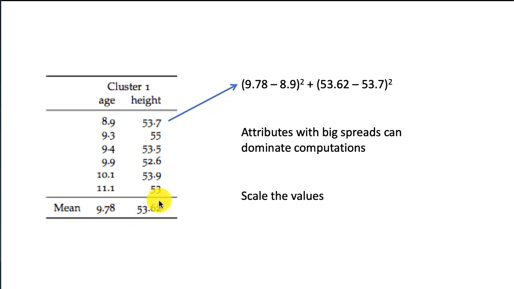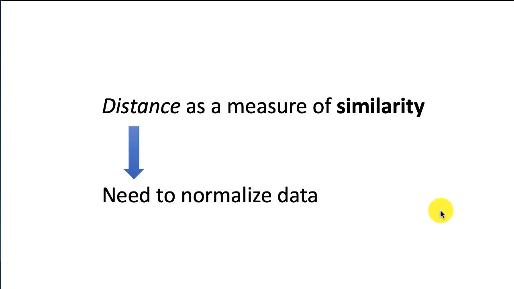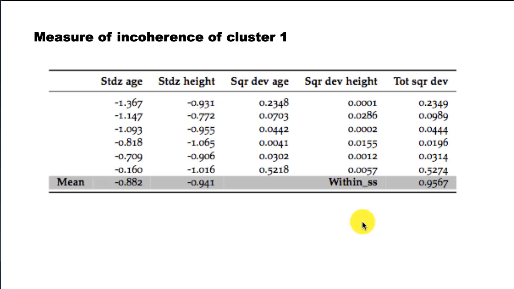Instead, you normalize the data, and then you perform cluster analysis on the normalized data. Otherwise, some attributes may dominate your clustering, and that may not help very much. So the moment you're talking about distance being used as a measure of similarity, you end up with the need to normalize the data, just like we did with k and n.